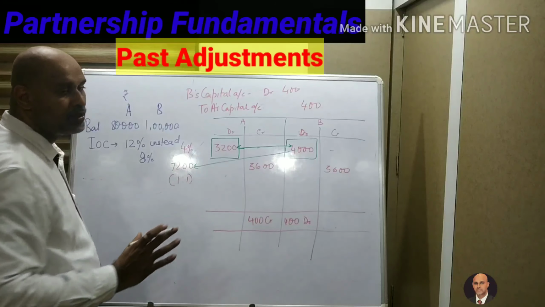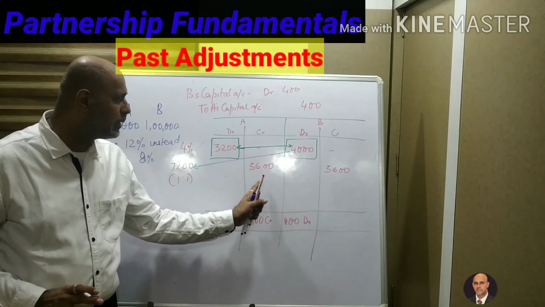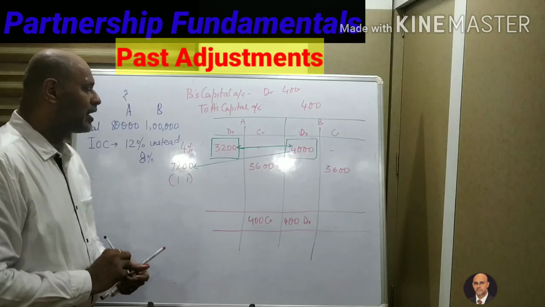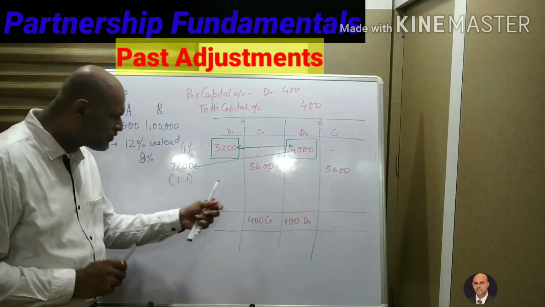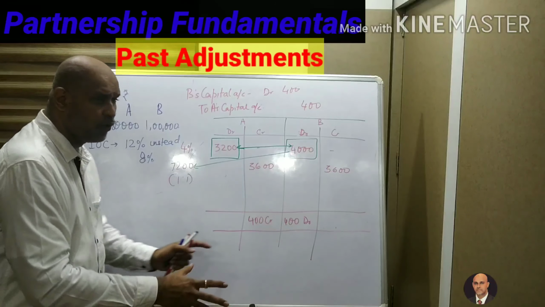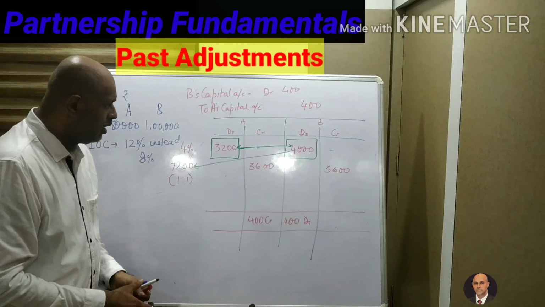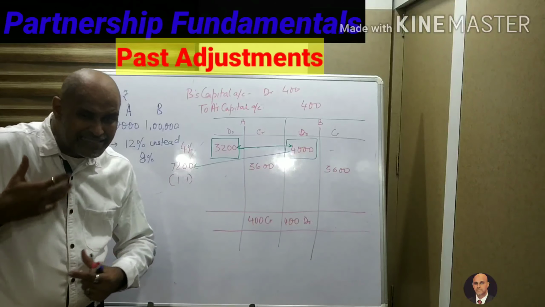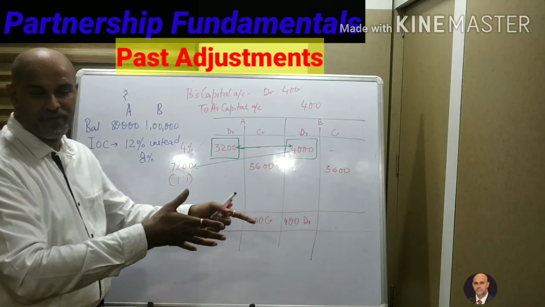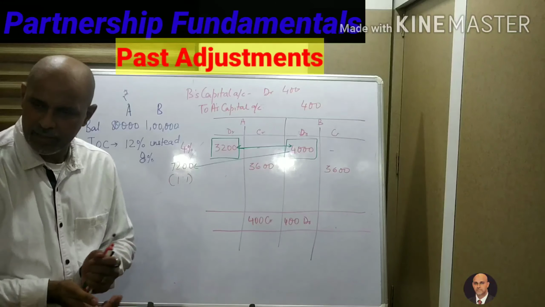And since the ratio is not given, it is divided equally between A and B in the ratio 1:1. So it comes out to be 3,600 and 3,600. I hope you followed this example. I will take up almost a similar example where in this case I shall specify the ratio given in the sum.